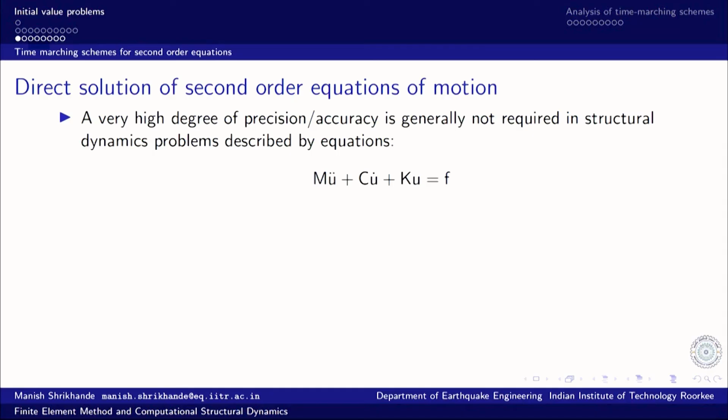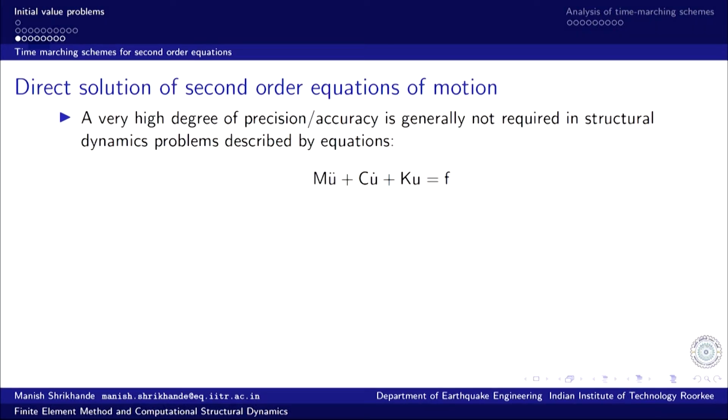for structural dynamics applications, we often deal with second order differential equations with two initial conditions, that is, displacement and the velocity at time step 0. So, we look at the direct solution of second order differential equations.